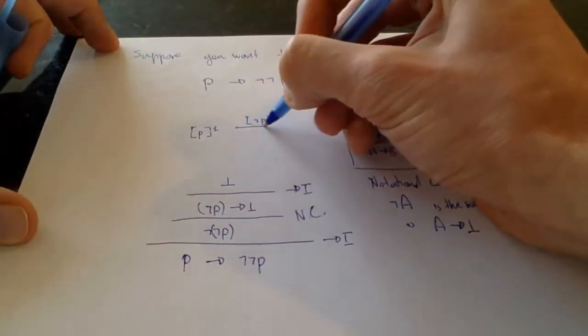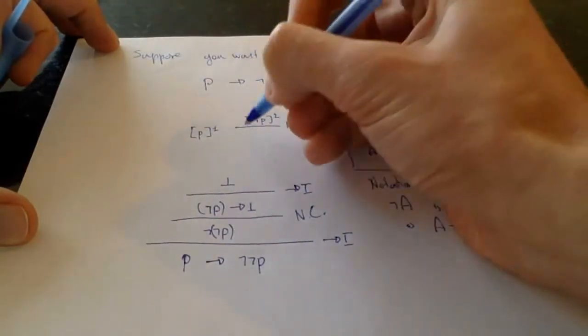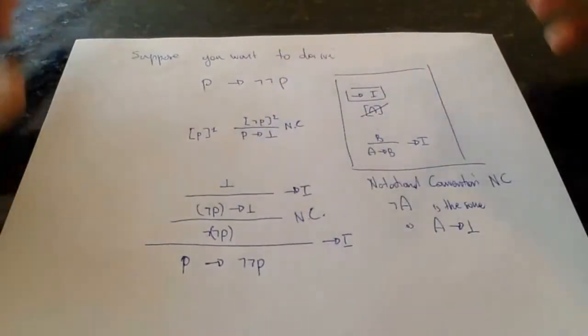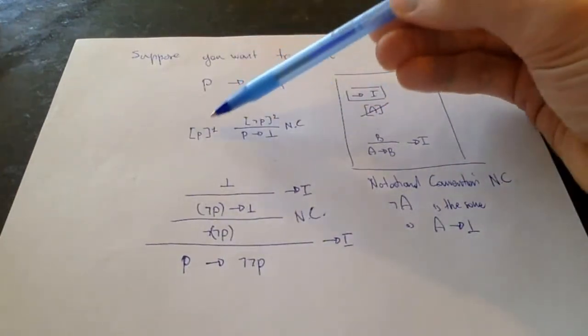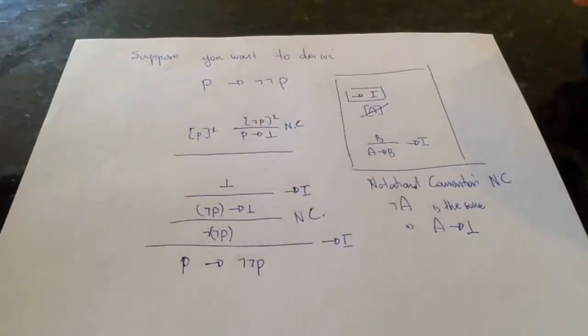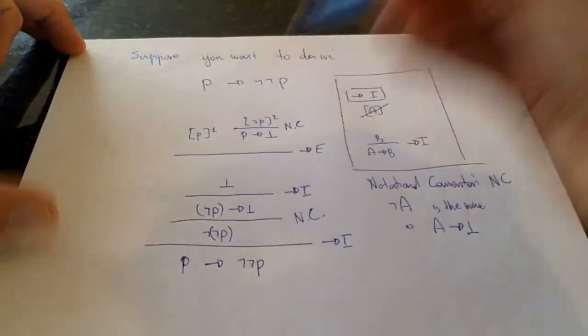Well, first of all, note that not P is, by our notational convention, equivalent to saying P implies the contradiction. Now, once you see that, so I have P implies the contradiction, and then it becomes pretty straightforward by implication elimination to get to the contradiction.